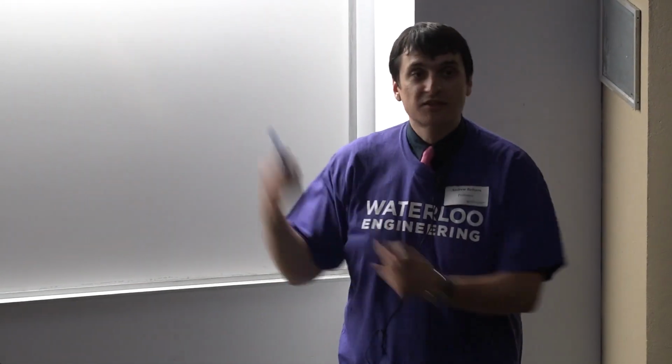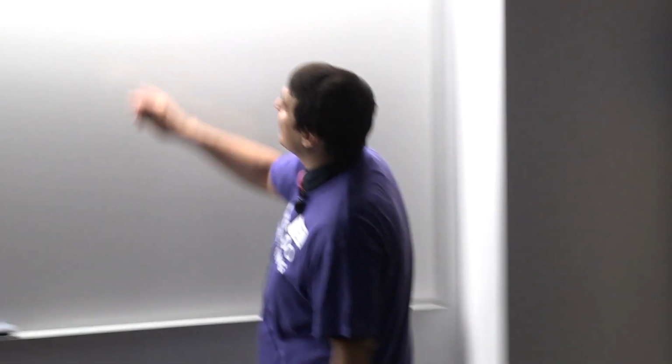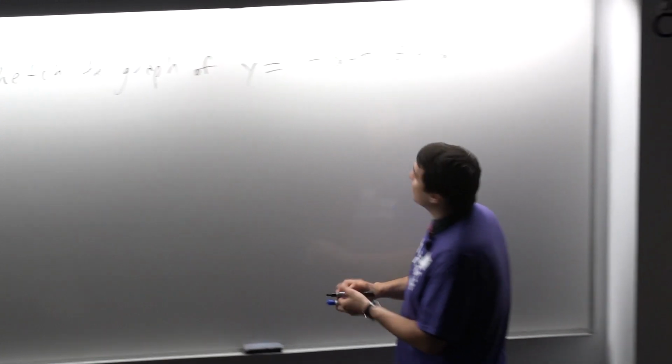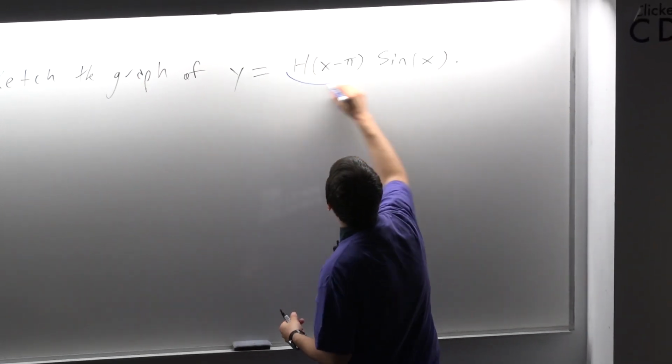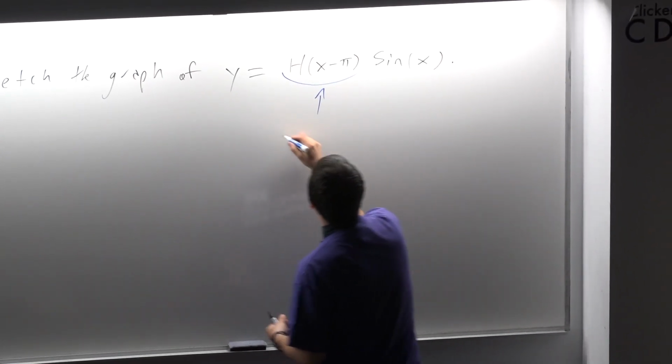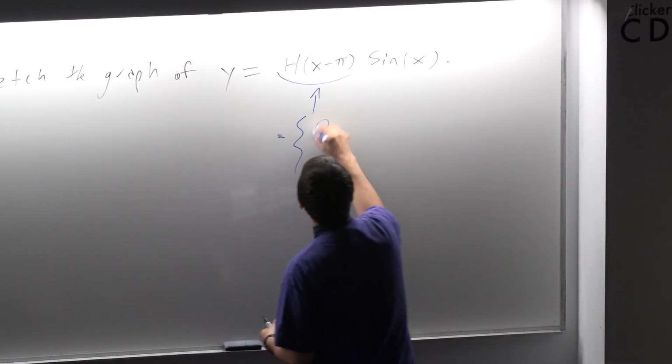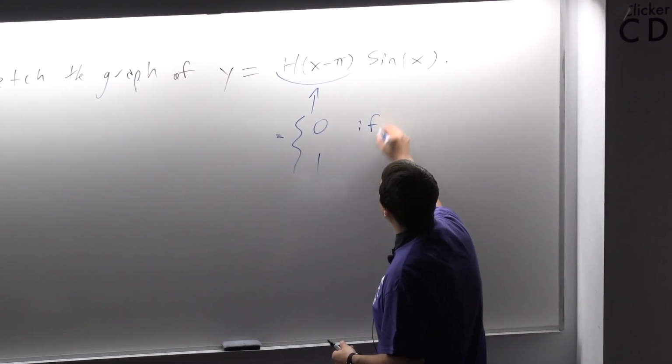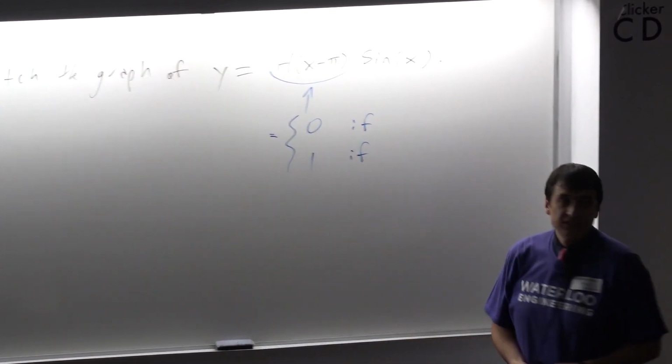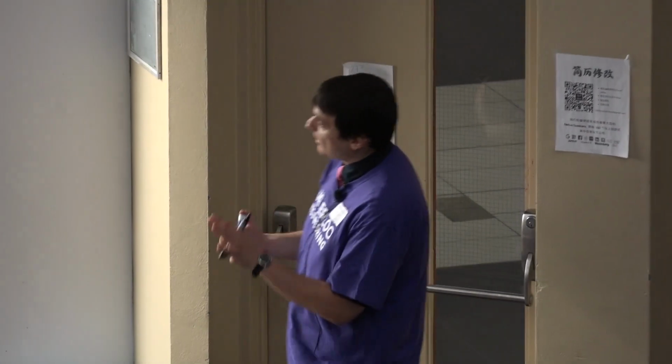Okay, so we're going to sketch this graph now. And remembering that this h function is now basically, let's interpret this before we even draw the graph. Just this function right here. This function is sometimes 0 and sometimes 1, depending on whether x minus pi is negative or positive.